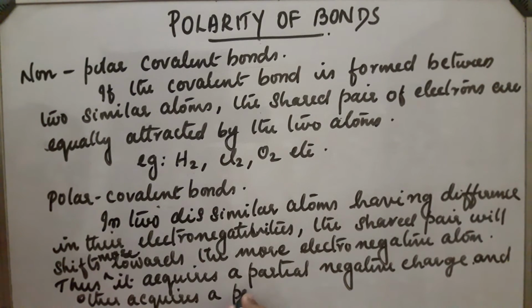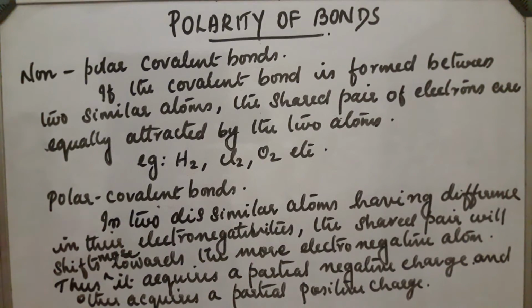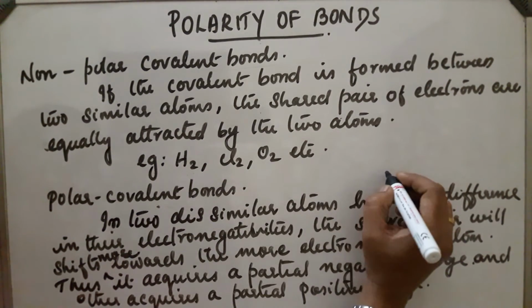This type of bonding is called polar covalent bonds. Let us take an example.